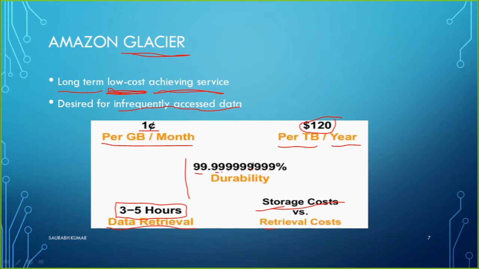So it is very highly durable actually. This data is very highly durable. That's the good point about Glacier. And the cost is on the basis of retrieval, not on the storage. The retrieval cost is around 1 cent per GB per month only. So this is the basic view I am trying to tell you about Amazon Glacier.